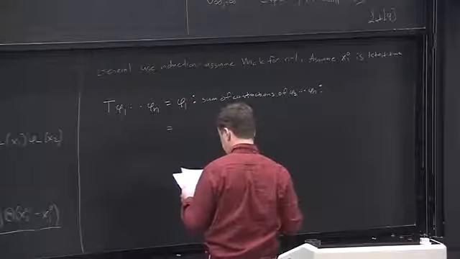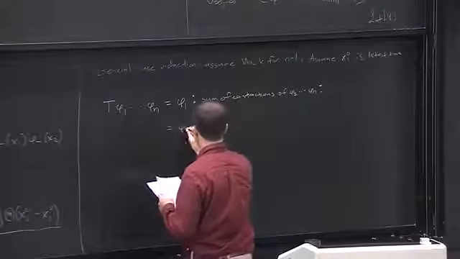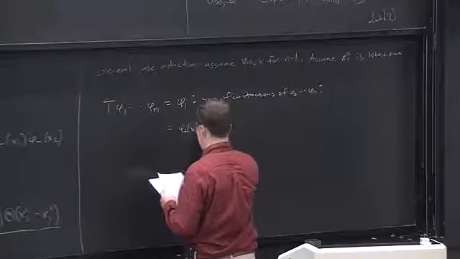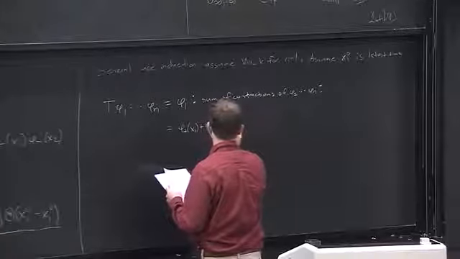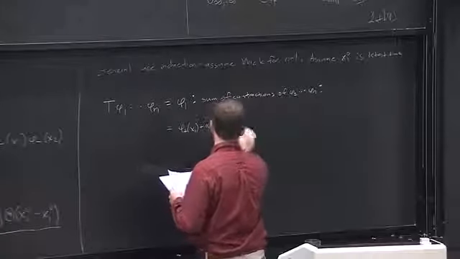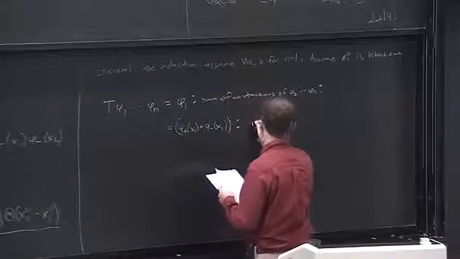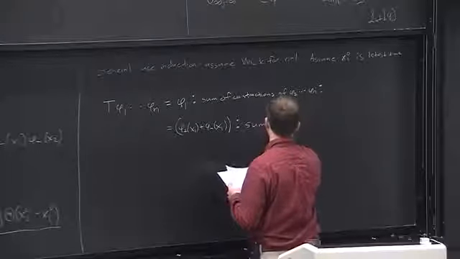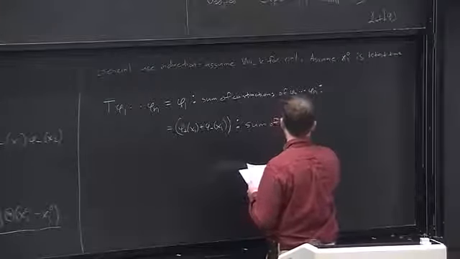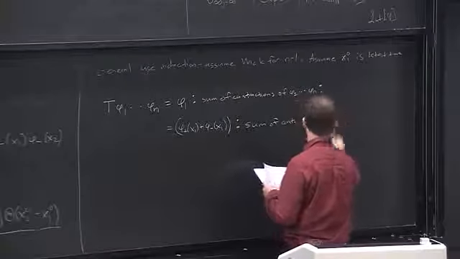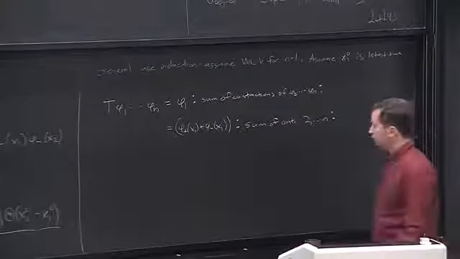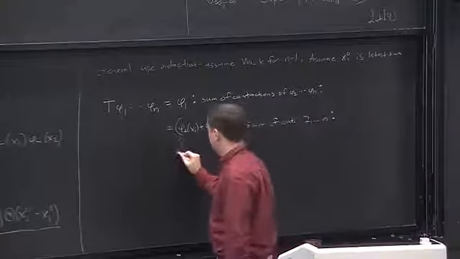And write this as phi plus of x1 plus phi minus of x1 times this sum of contractions 2 to n. And this term is already normal ordered.